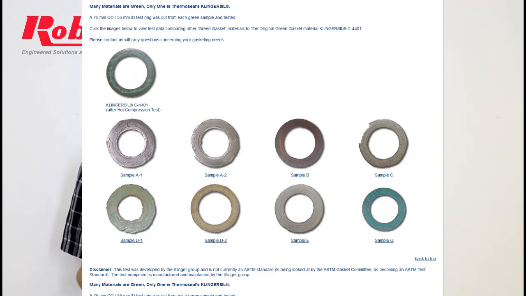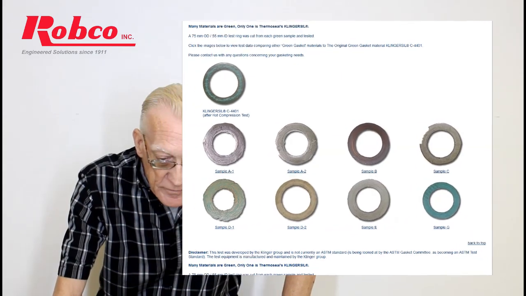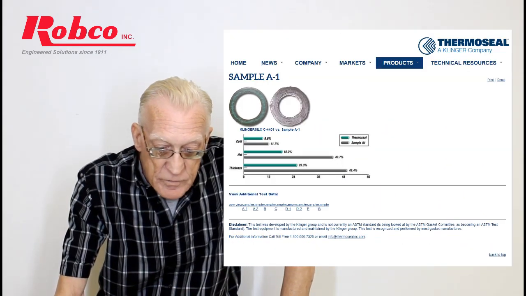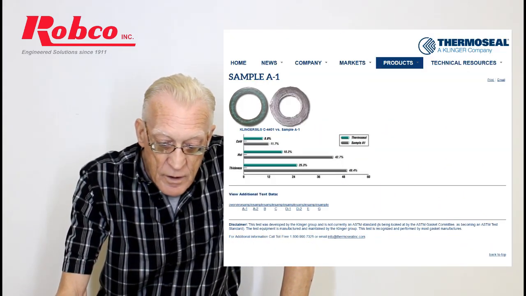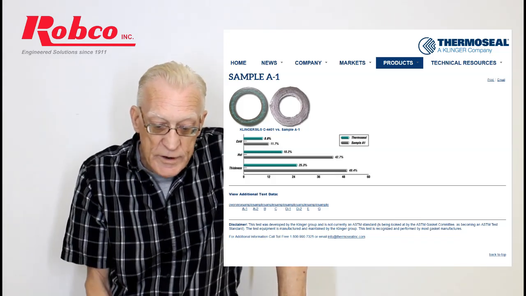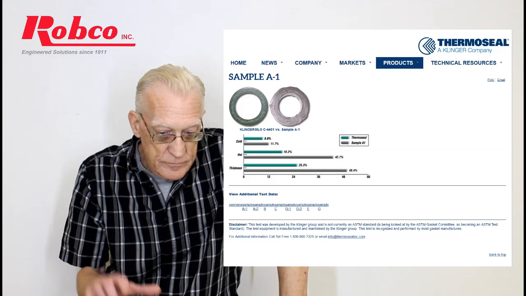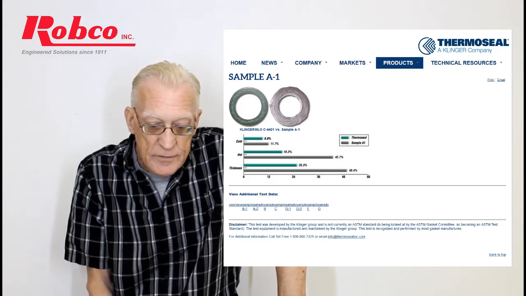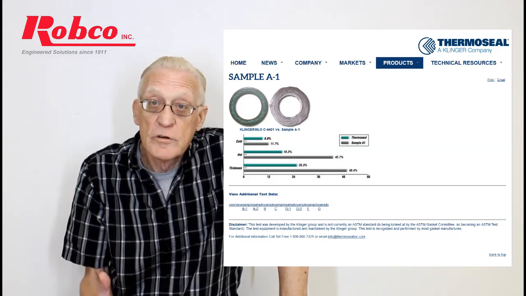And this is the beauty of the whole thing. We did the same thing to every one of them. And this is the way they came up. Some are good, some are bad. If you look at sample A1 as an example, we're 8.8%, the competitive product is 11.7 in cold.